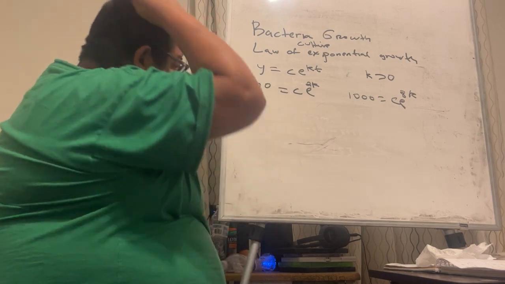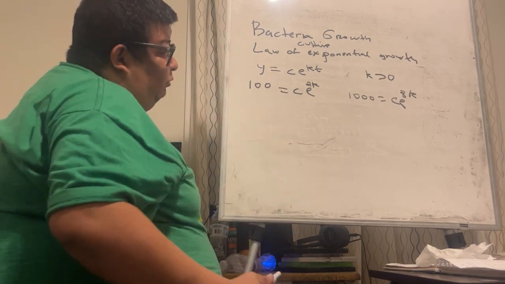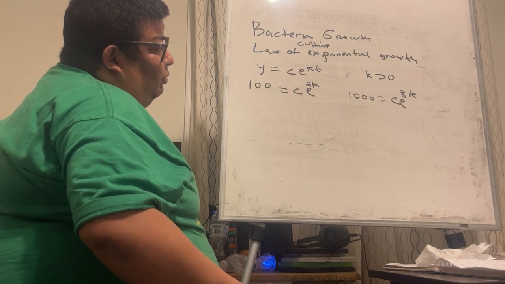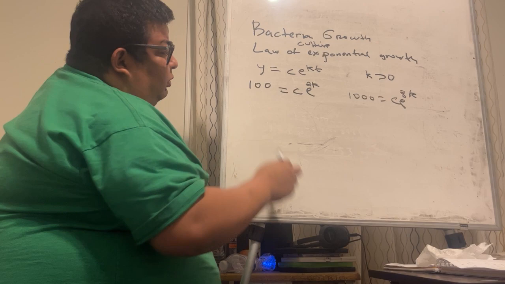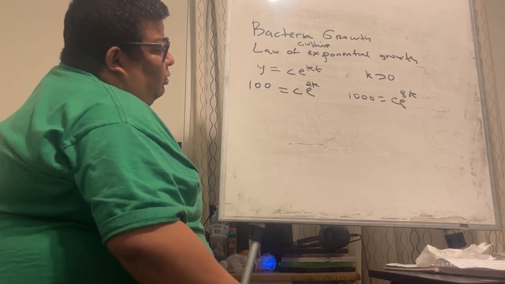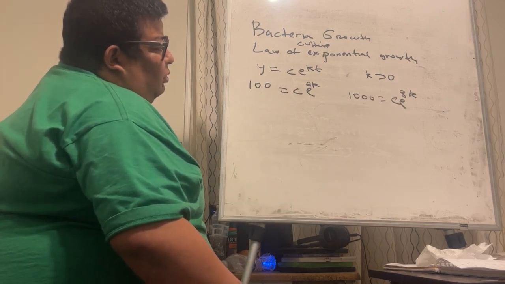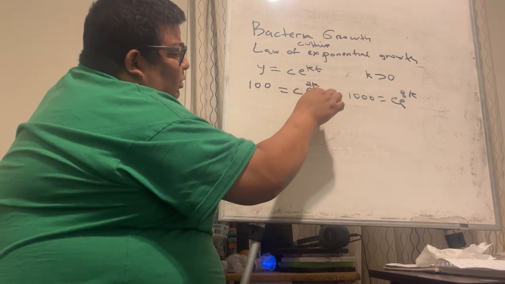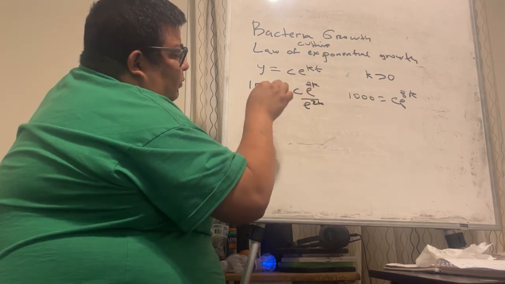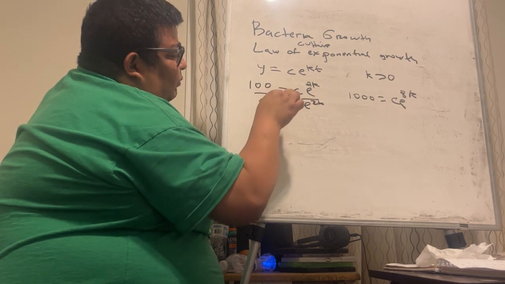Okay, so for this equation we're going to solve for c. We divide by e to the 2k.